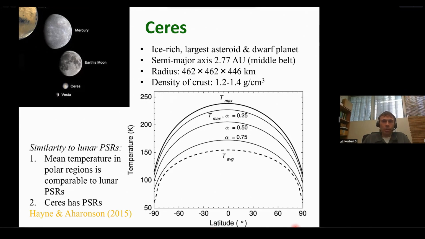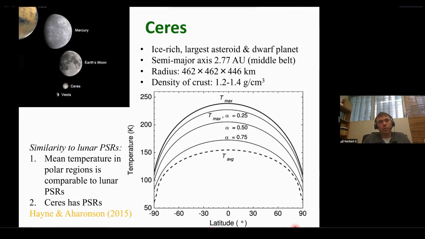One is that it has permanently shadowed regions. Its axis tilt is only 4 degrees, so it provides a great comparison to the permanently shadowed regions of Mercury and Earth's moon. And it's an ice-rich object to begin with, right?